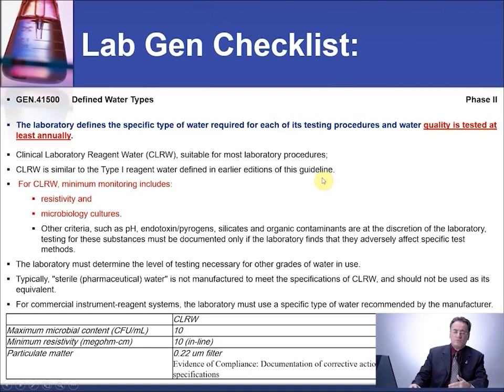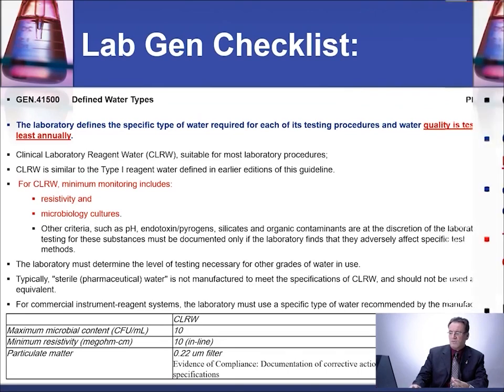In my laboratories, we used to do it monthly, but at least annually you need to check the microbial content by sending a sample of the water to microbiology to do a culture, and it should be less than 10 colonies, okay? And then you need to check the resistivity. Usually there is a button on the water system. You push the button, it gives you the reading for the resistivity, and it should be greater than 10 ohms.